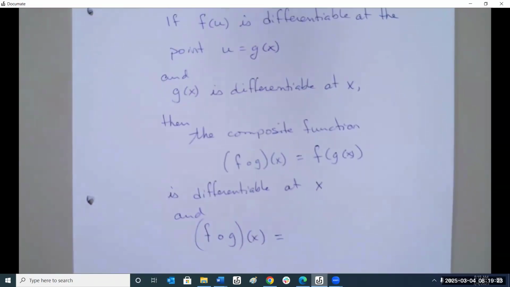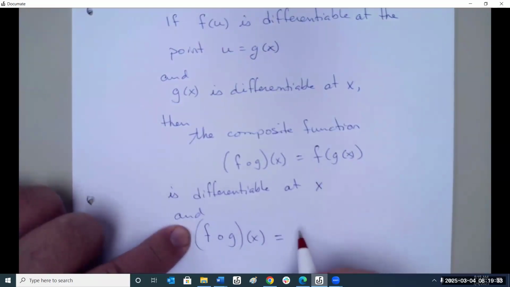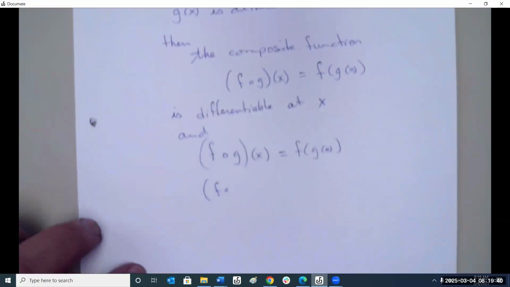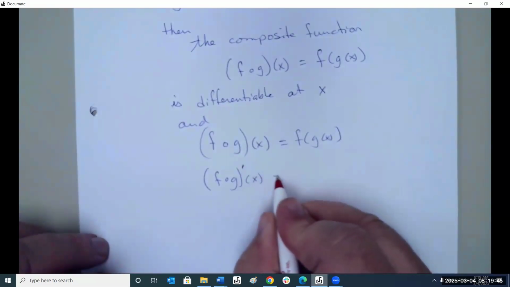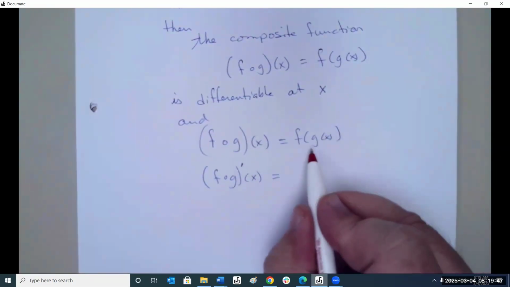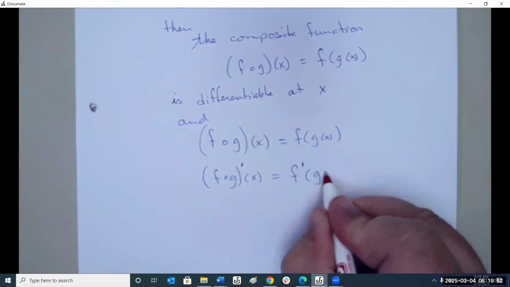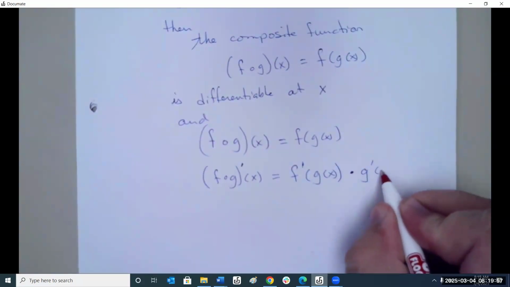Here's where it comes into the shortcut, the formula. Because we know the composite function is f of g of x, the derivative of this composite function is the derivative of the outer function, leave the inner function alone, and then times the derivative of the inner function.